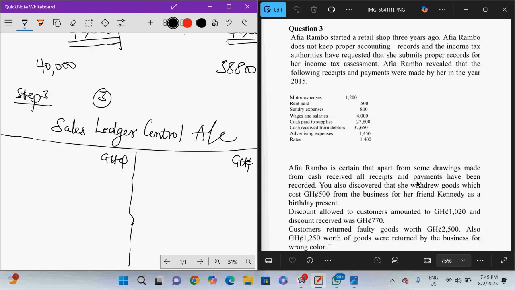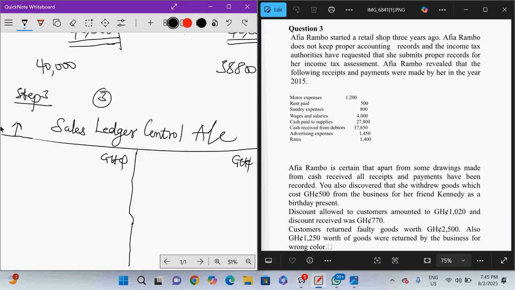All right, so now let's continue. Then we said the debit side increases the debt of our customers, right? The sales ledger control account is prepared to make some reconciliations in terms of our debt.